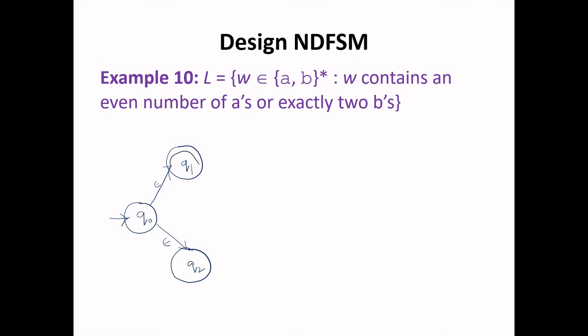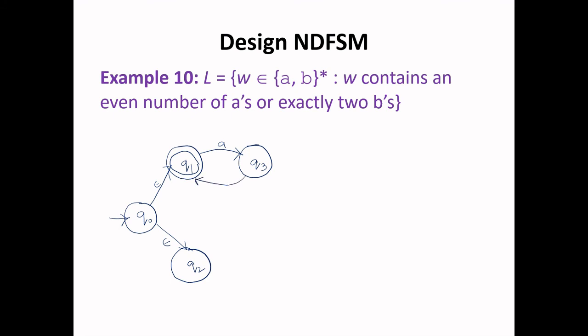Even number of A's means the initial state is the final state. So Q1 is the initial state. Zero occurrences of A reaches the final state. One occurrence of A reaches state Q3.